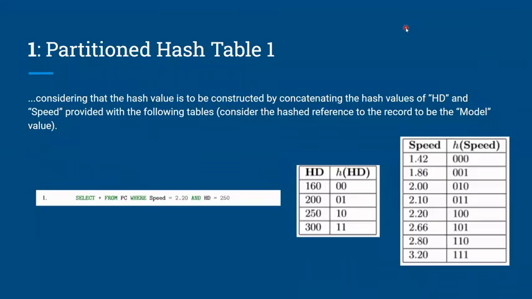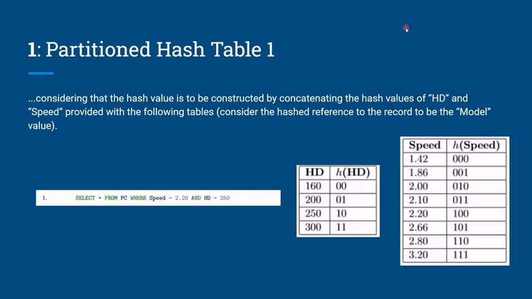Exercise number 1. We would like to construct a partitioned hash table as follows, considering that the hash value is to be constructed by concatenating the hash value of HD and the hash value of speed provided with the following tables. Here we have got 2 tables, each corresponding to one of the hash functions, one for the HD and one for the speed.